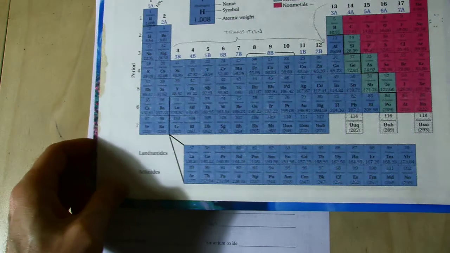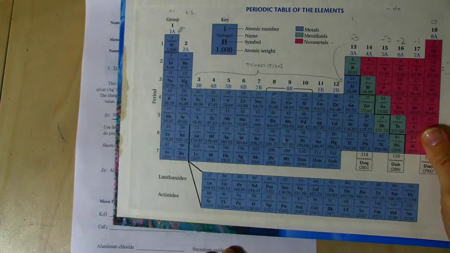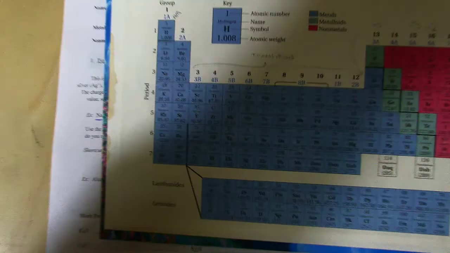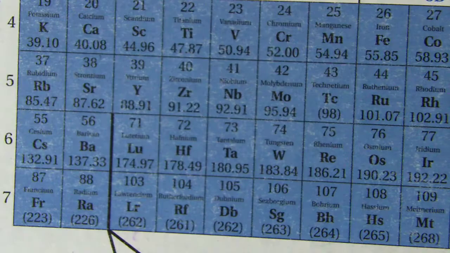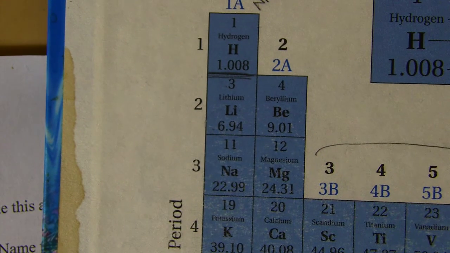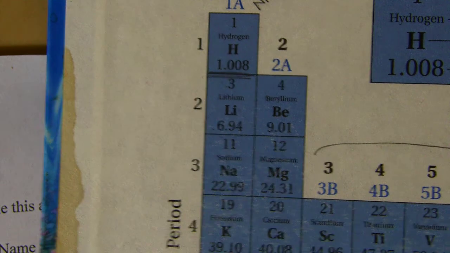Here's a periodic table. It's hard to see, but if we zoom in a little bit, you can see Na. Na is sodium.